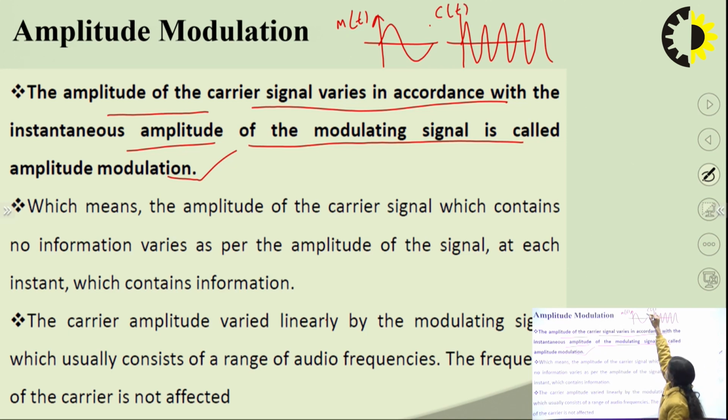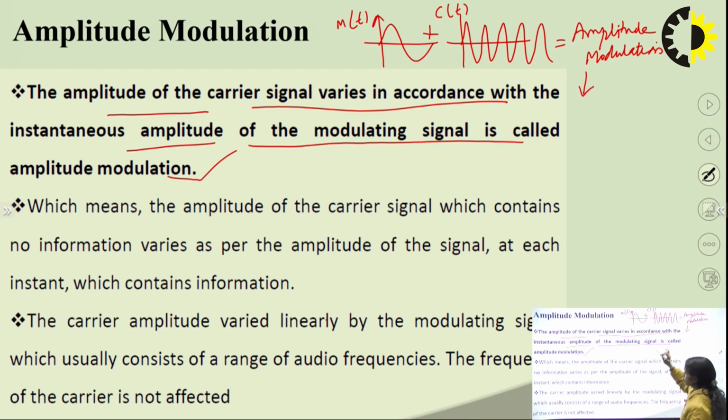If we superimpose the lower frequency signal over the higher frequency signal, we get amplitude modulation, which produces another signal called the amplitude modulated signal.